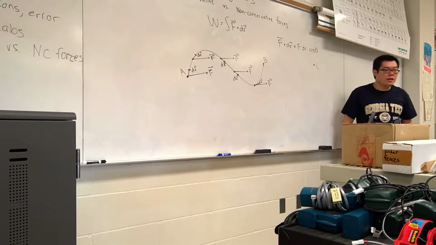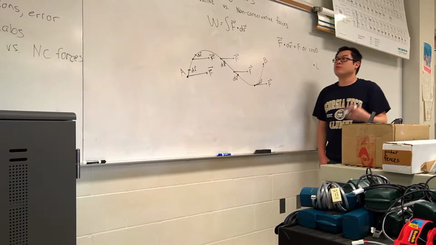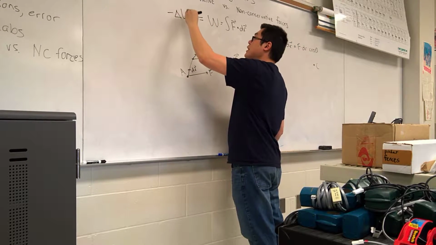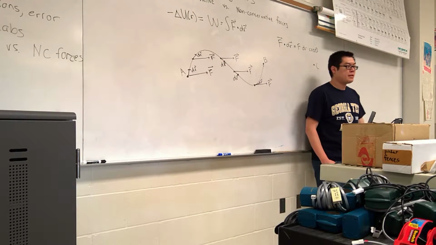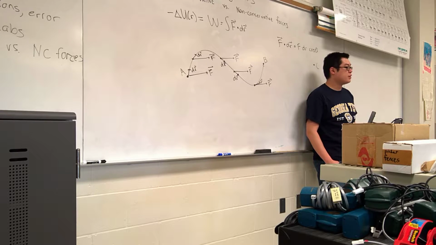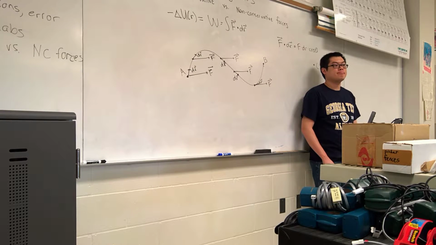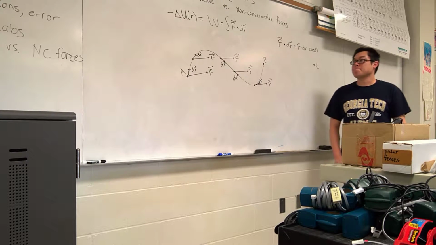And when I add it all up, a conservative force will behave like this. There will be some function that can exist that is only a function of r, its position. Only a function of position.